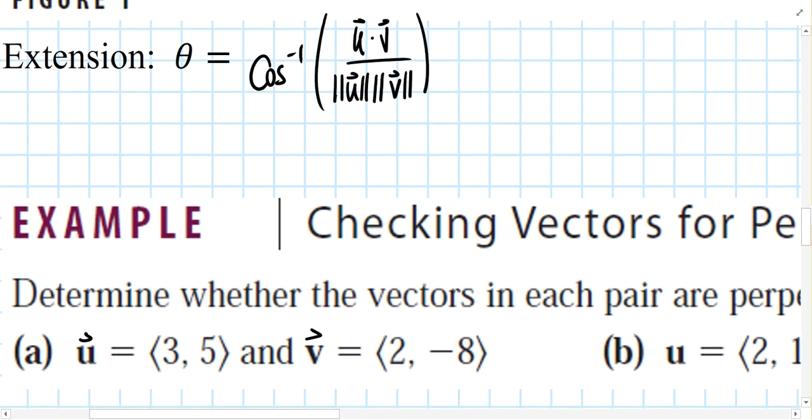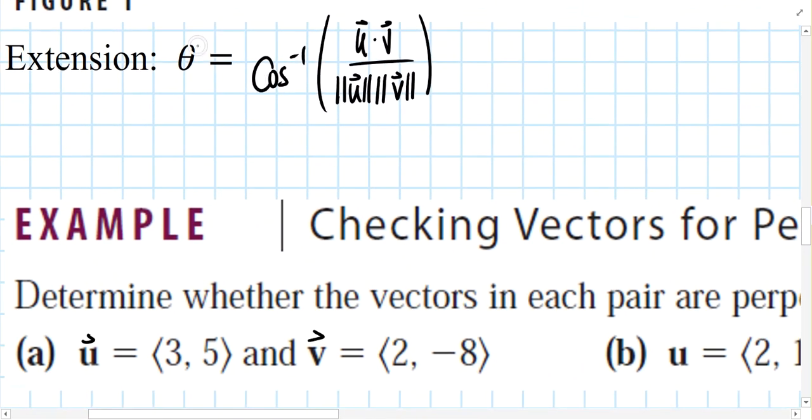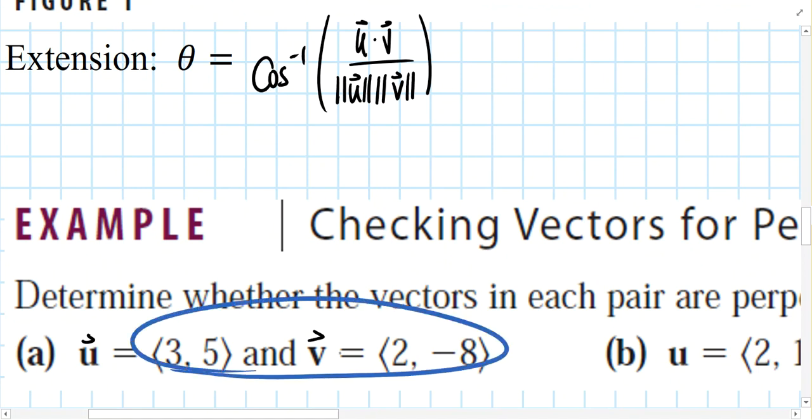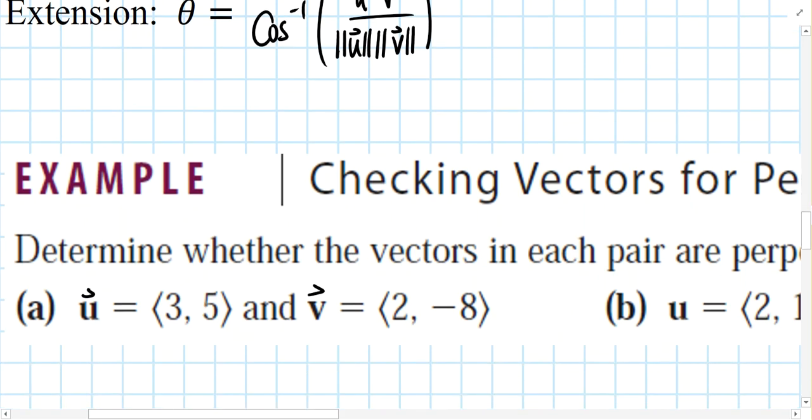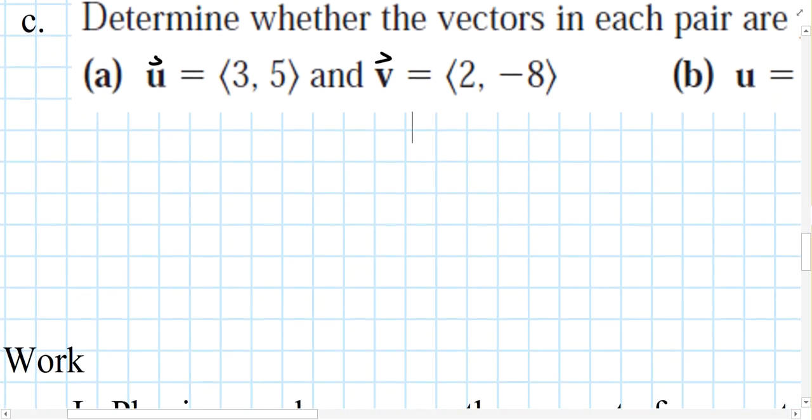So you might have been thinking for this first problem, well, let's just use this extension formula. Find the angle measure by evaluating cosine inverse at the dot product, which we can do, of these two vectors, and then divide by the magnitude of u times the magnitude of v. And we can find the magnitude of u and v as well because we have the rectangular components. We can use the Pythagorean equation to find the magnitudes. But I don't think we have to go through that trouble.